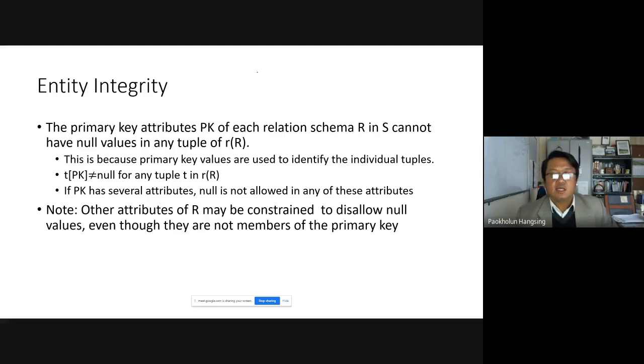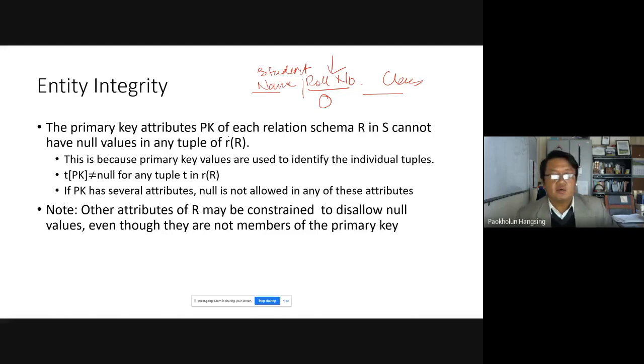For example, say student is a relation with name, roll number, class. If you use roll number as the primary key, then the attribute value of this primary key cannot be null. That means we cannot keep it 0. Something has to be there, since we are using it as a primary key.